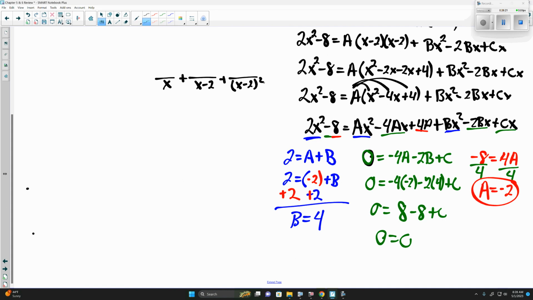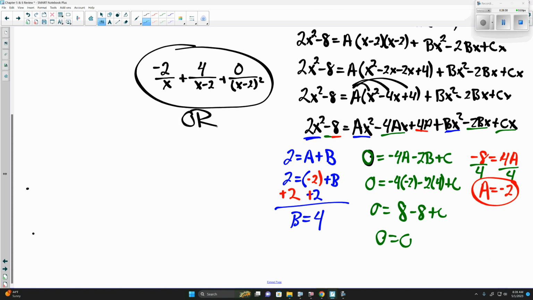So a is negative 2, b is 4, and c is 0. So this here is our final answer, or we can just say negative 2 over x plus 4 over x minus 2, because 0 over x minus 2 squared is just 0.